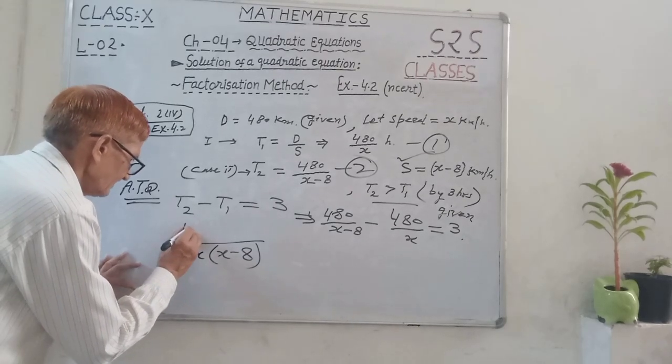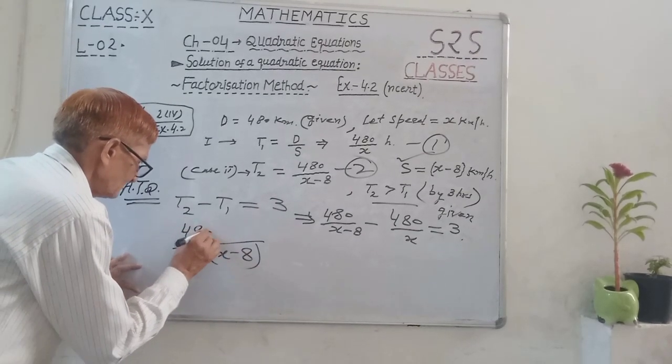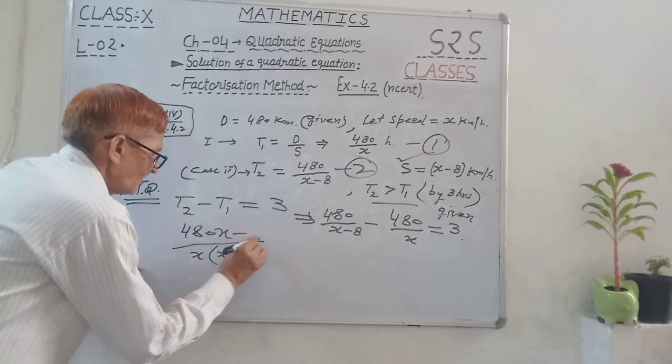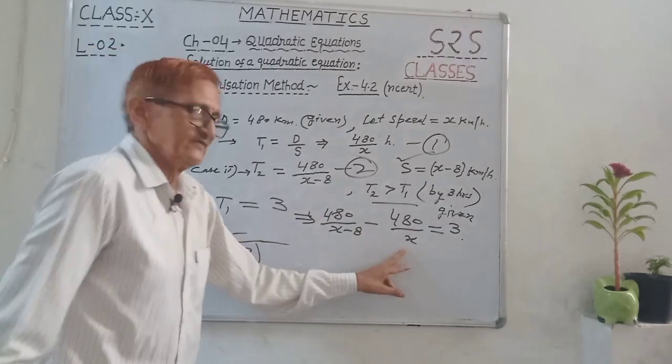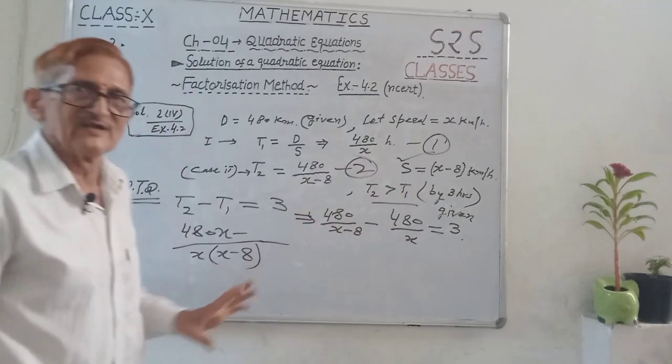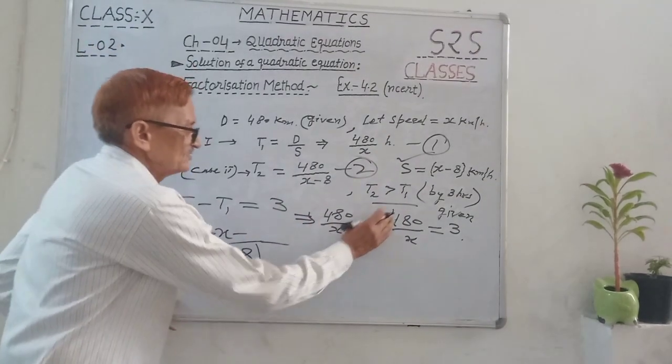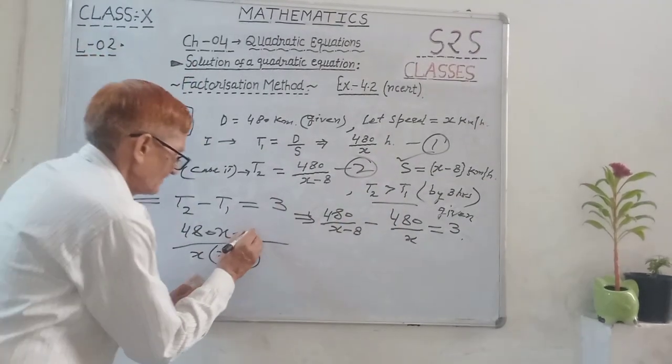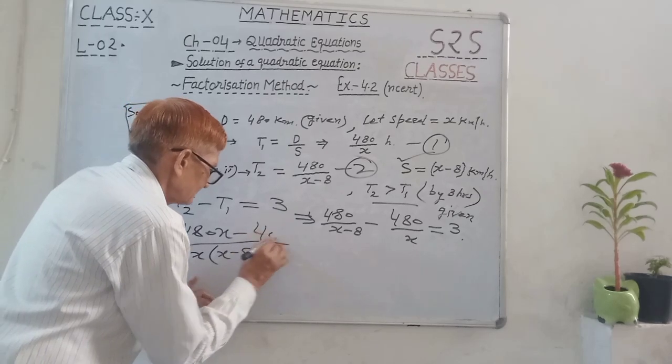So 480x minus, divided by x, then x minus 8 multiply 480: minus 480 into x is minus 480x.